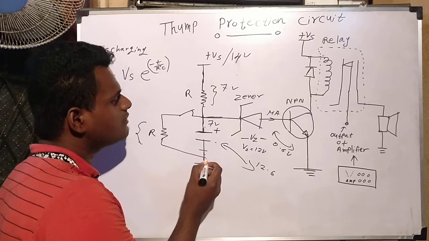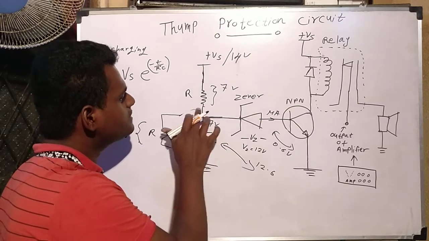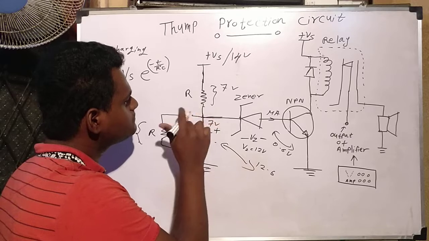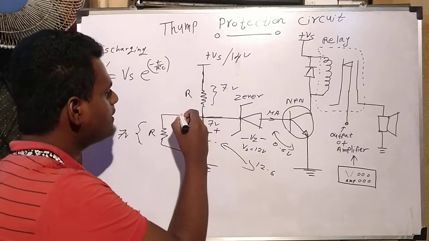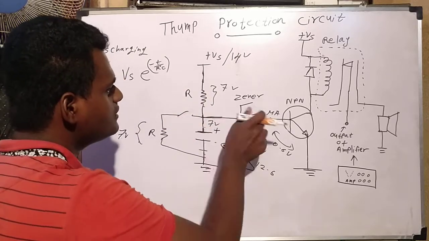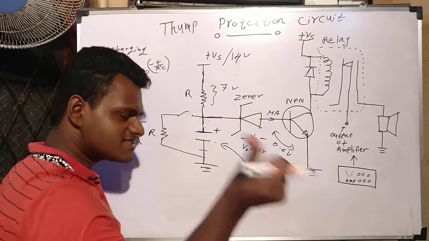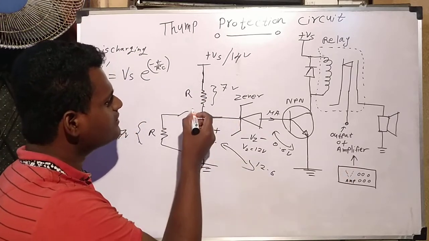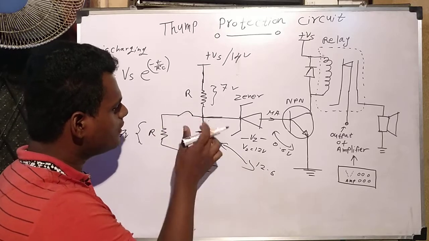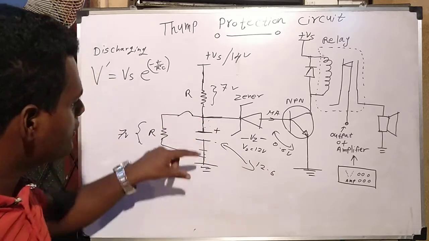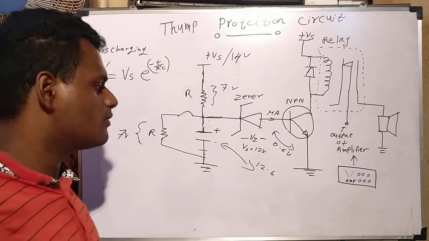If the power comes back, this switch opens, then current goes to this one and there's no problem. If the power fails, this switch may get turned on at that instant, then current can flow and discharge the capacitor, no problem.